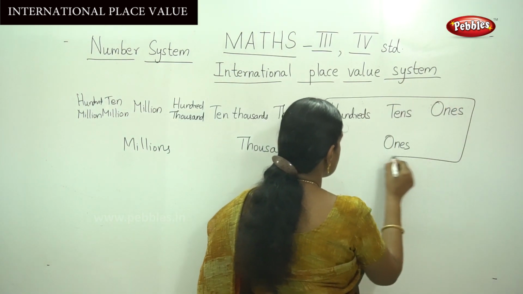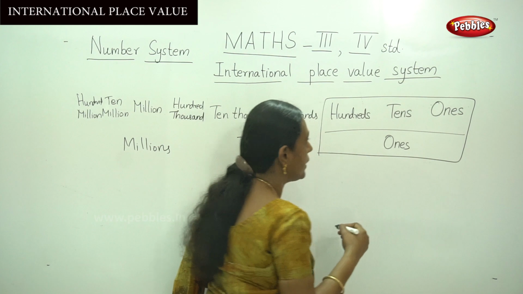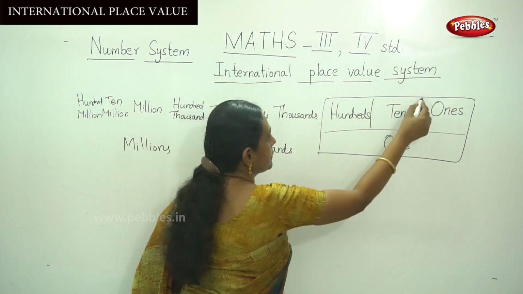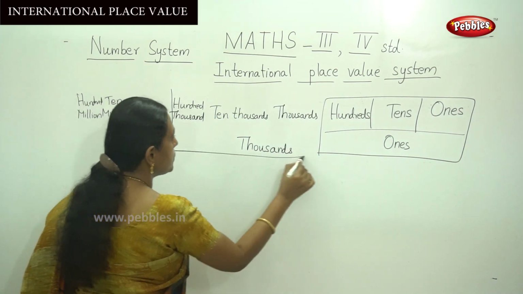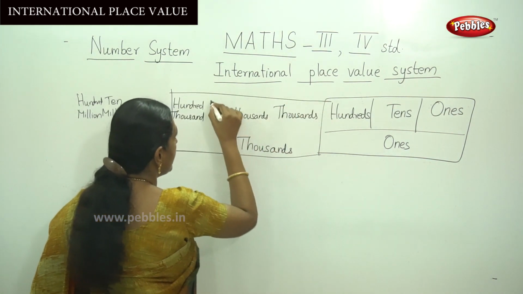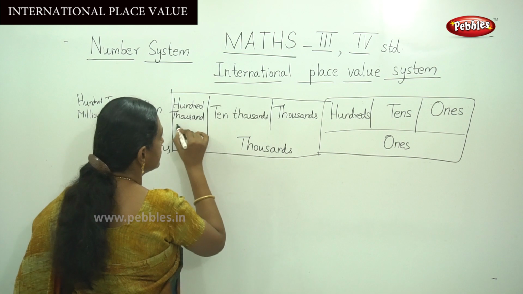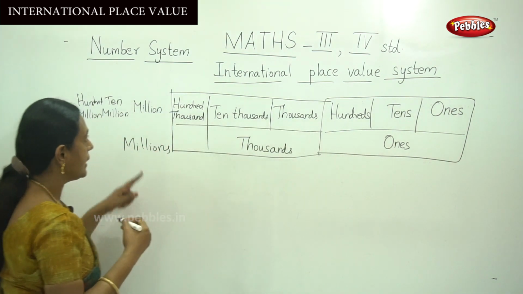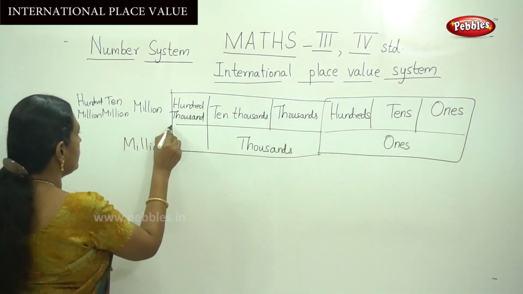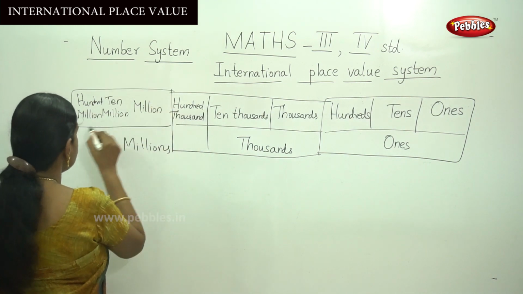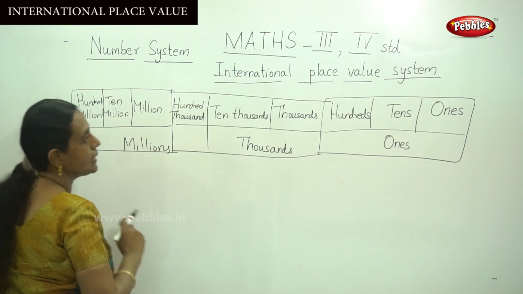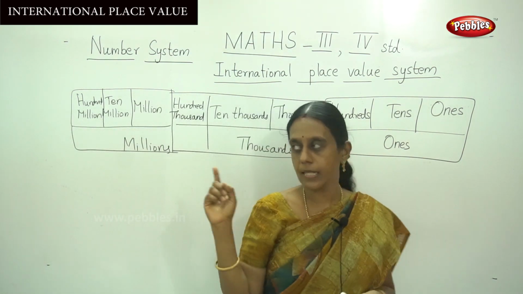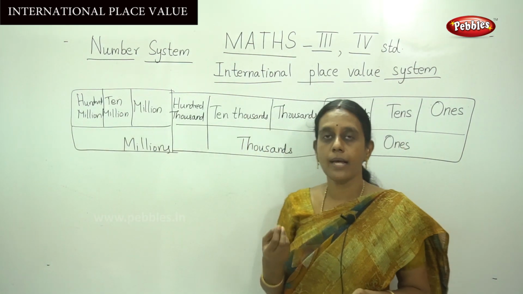So let me separate this. This is the thousands period, and this also has 3 columns. And again this millions period is divided into 3: millions, 10 millions and 100 millions. So this is the international place value system.